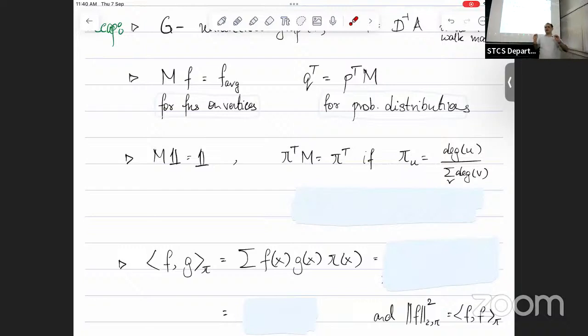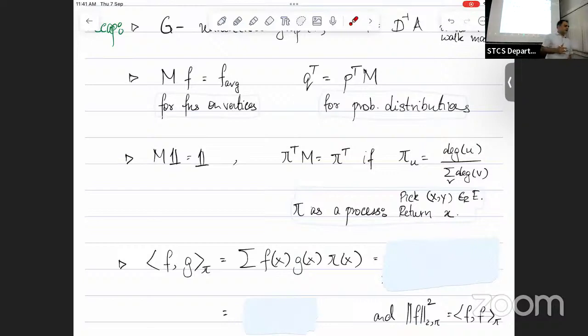This is the canonical stationary distribution. It's often convenient to think of this as a process where you pick an edge at random and choose an endpoint. The induced distribution that you have on vertices is what this pi is.